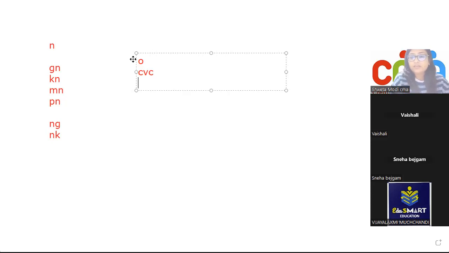It can also be when you have only the final consonant, like in the word on. You don't have the first C, but you have the second C. So in the beginning, if you have the letter O and then a consonant, it's also a short sound. But it depends how you are dividing the syllables.